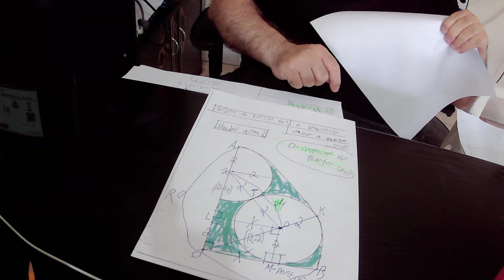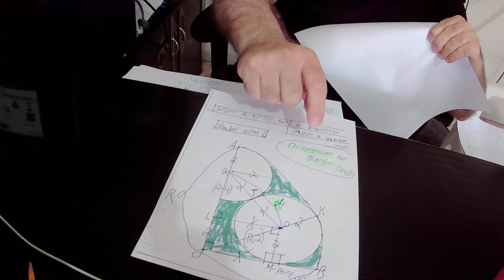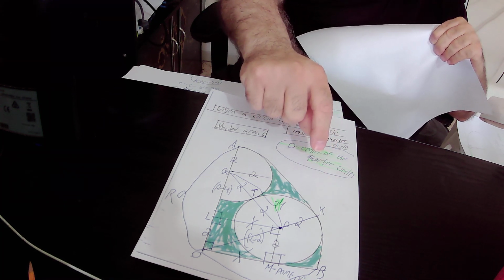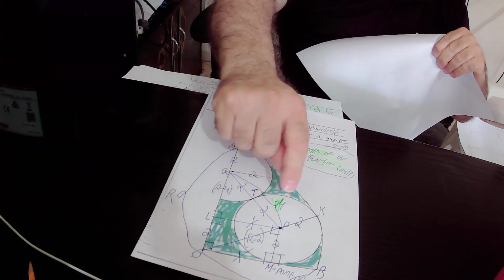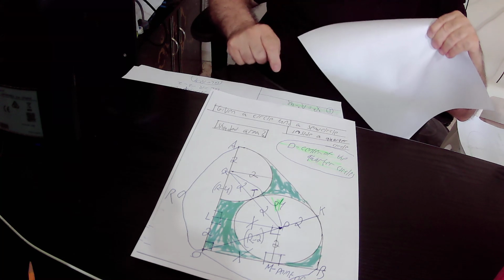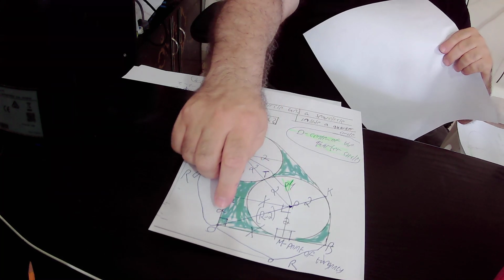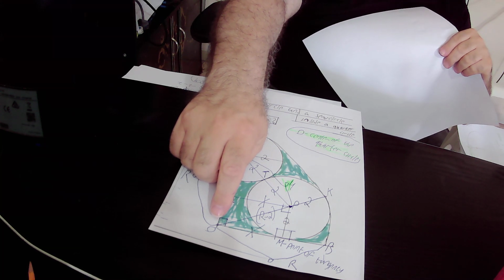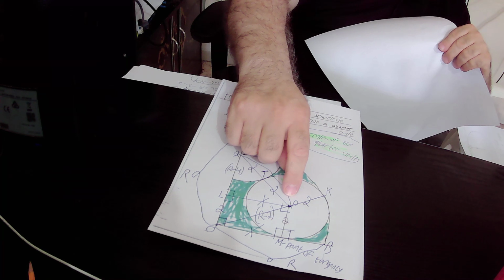I repeat again, whenever you have two circular shapes that have an internal notch between them, then the straight line that joins their centers together must pass through their touching point. In this case, it is point K. Here, point O is the center of the quarter circle. Point P is the center of the circle.